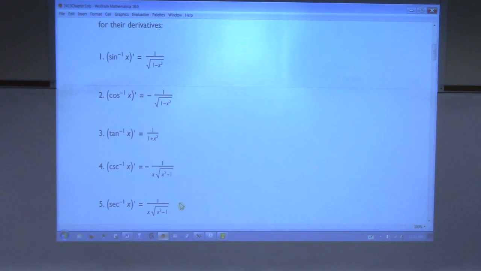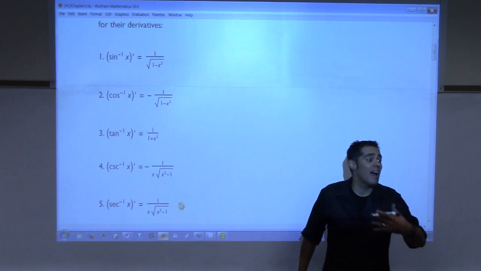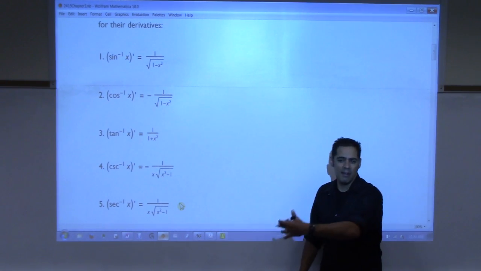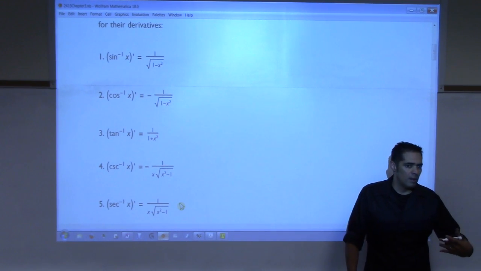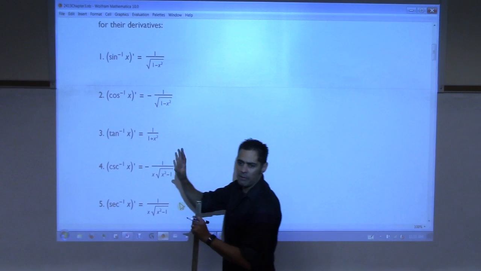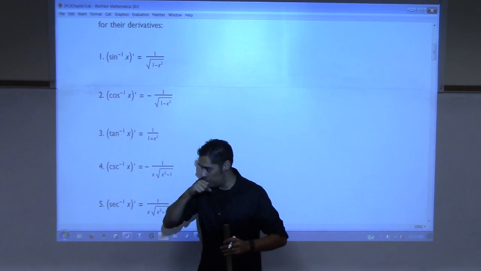What's interesting about the derivatives of the inverse trig functions is that the derivative of sine of x was cosine of x, right? The derivative of cosine was negative sine. All the derivatives of the regular trig functions, sine, cosine, tangent, cotangent, all those, the answers were also trig functions.